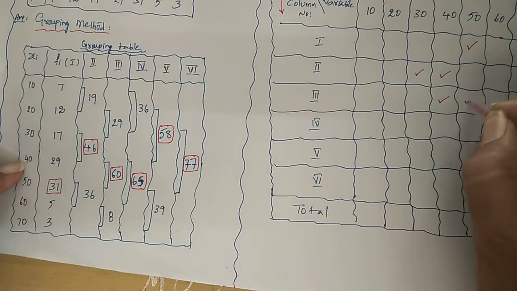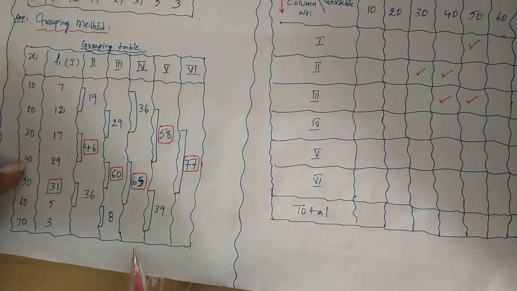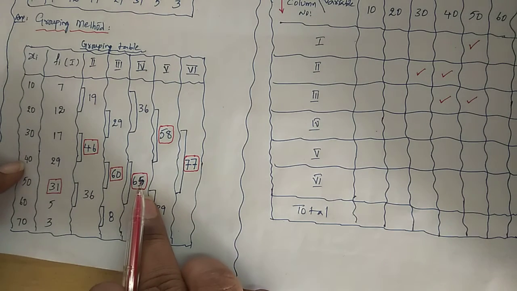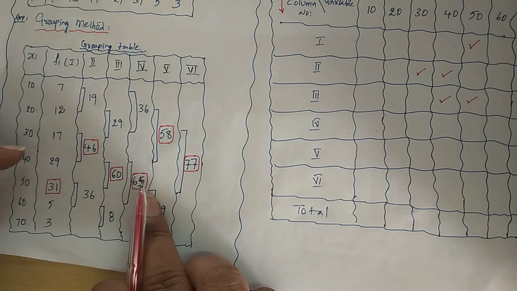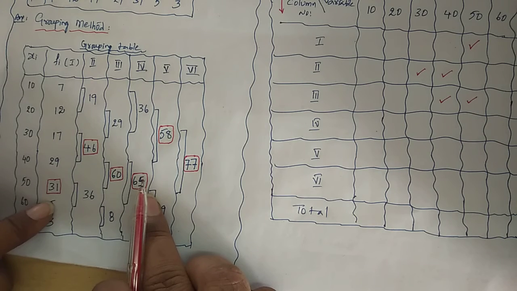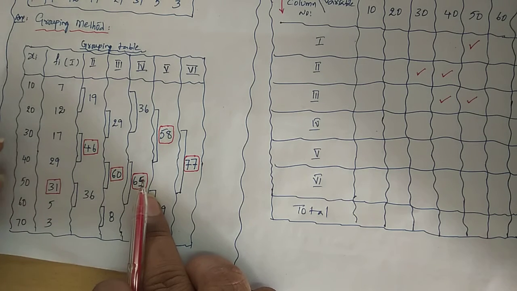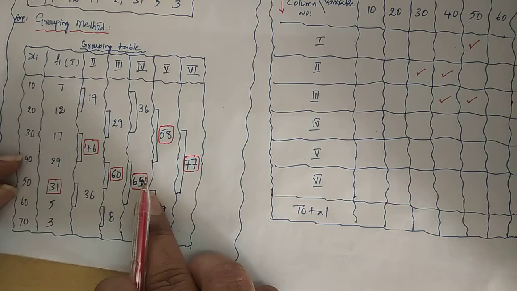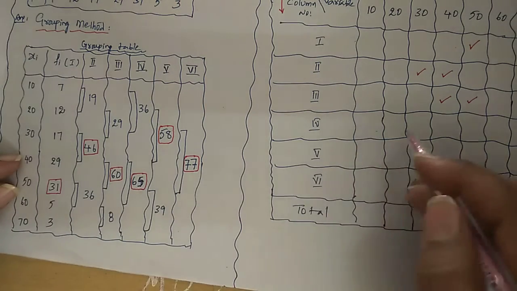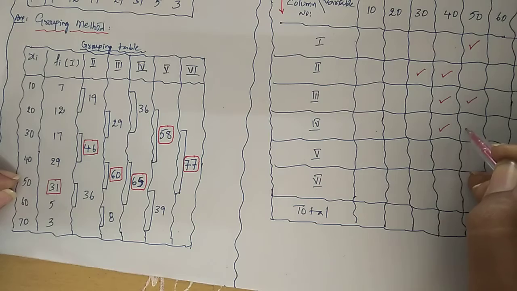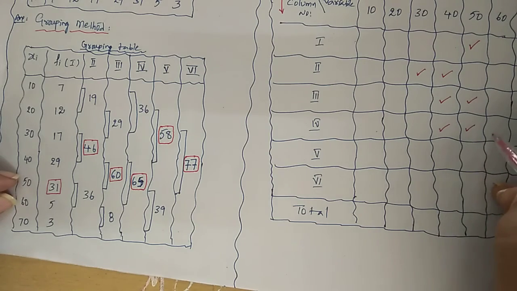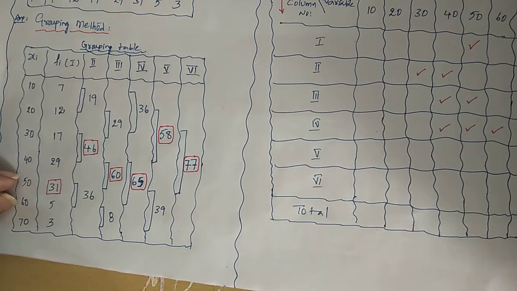Okay. Now come to the fourth column. The fourth column highest total is 65. It corresponds to which totals? 29, 31, and 5. Those corresponding variable names are 40, 50, 60. So under fourth column, wherever 40 is there one tick mark. Under 50 tick mark. Under 60 one more tick mark.